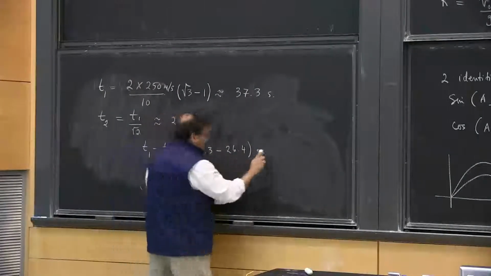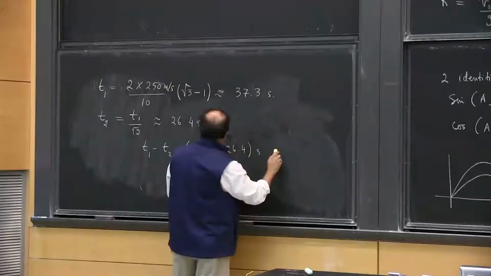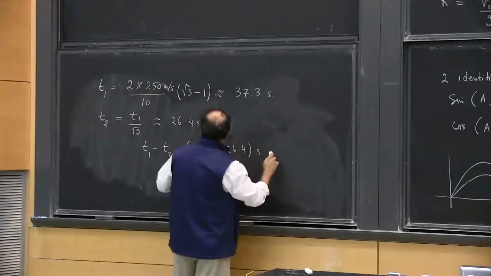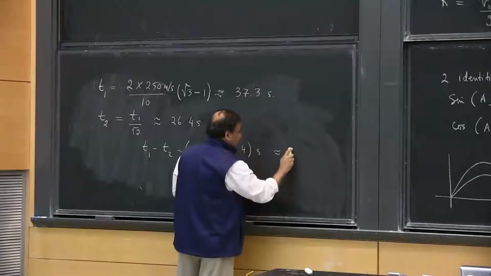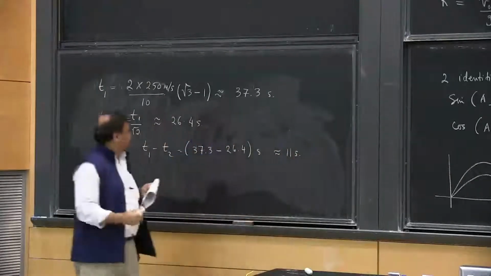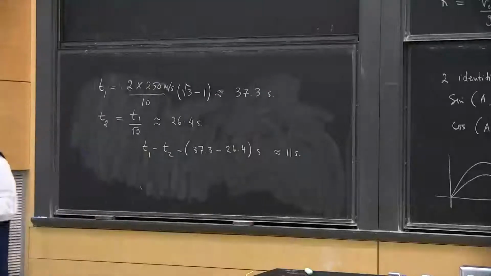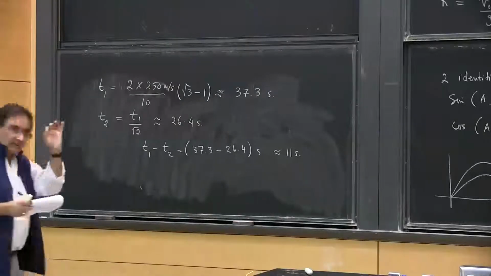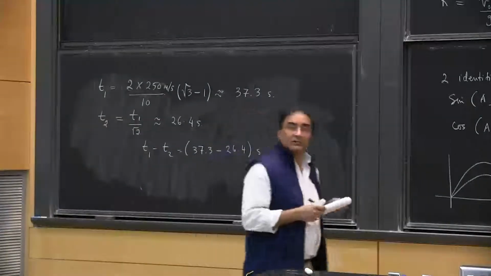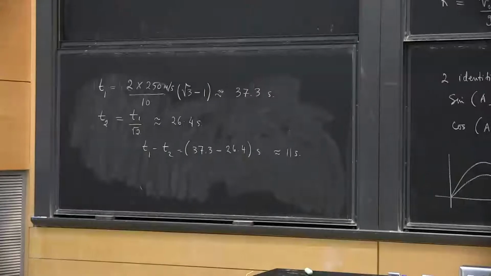So that would be not very much, actually. Of the order of approximately 11 seconds. Less than 11 seconds, 10.7 seconds. So it basically is telling you that you have a less than 11 second window to shoot the second missile to actually intercept and destroy the first missile.